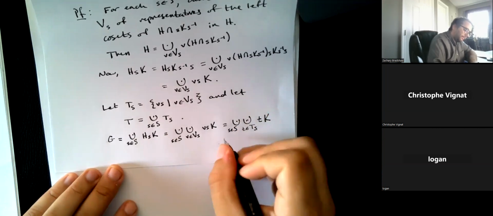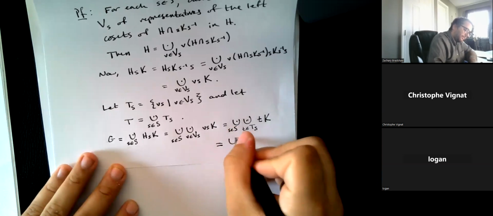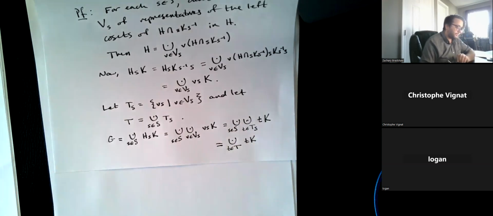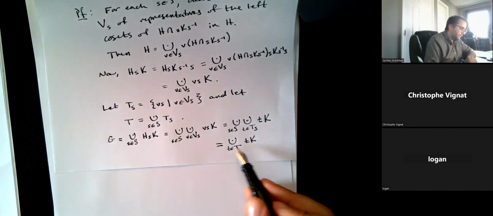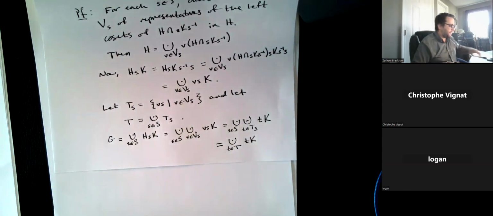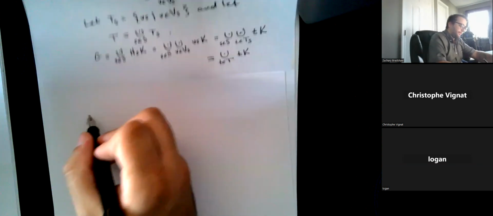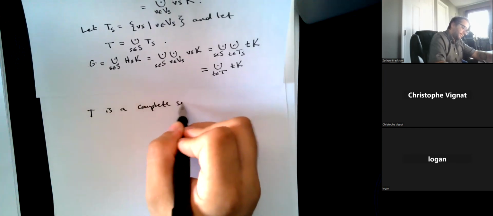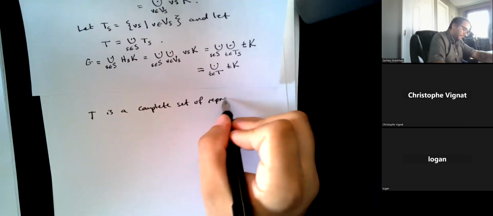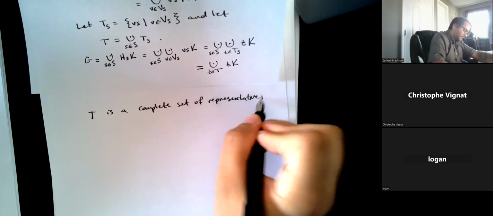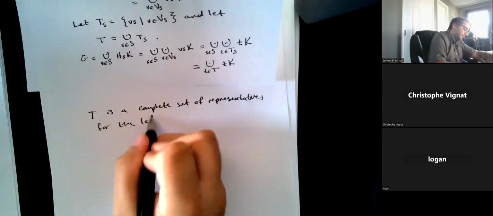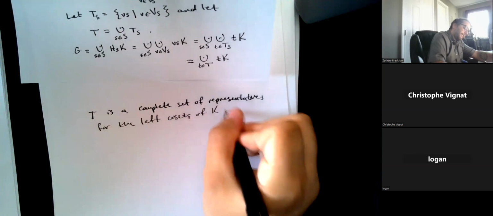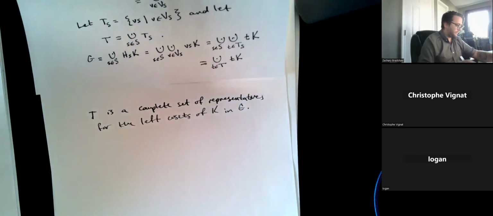And this is equal to the disjoint union over T in T of T K. And therefore, capital T is a complete set of representatives for the left cosets of K in G. Okay.